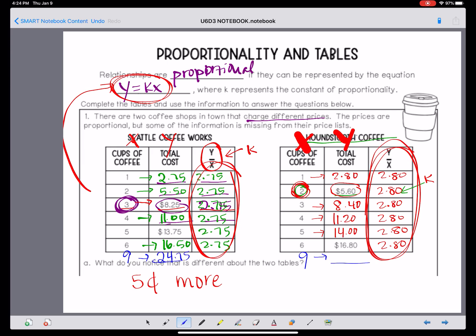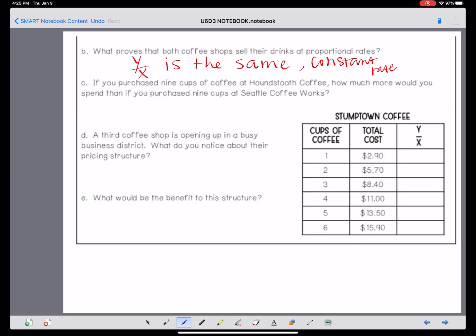And 9 times 2.80 gives us $25.20. So how much more money would we be spending at this coffee shop right here? We're just going to subtract the two. And we get 45 cents. So the answer right here will be 45 cents.